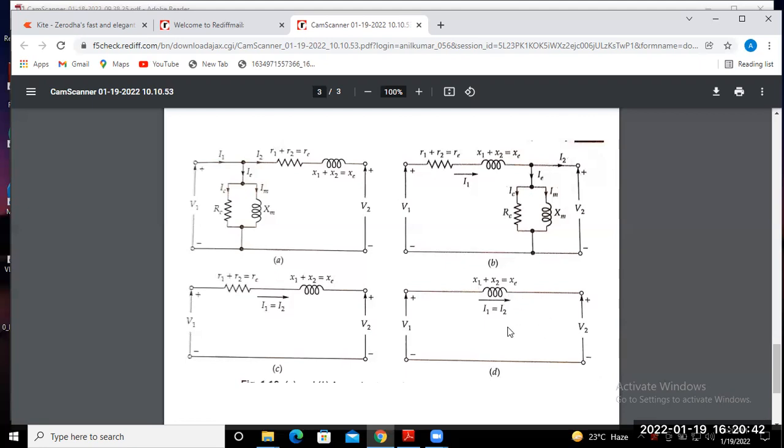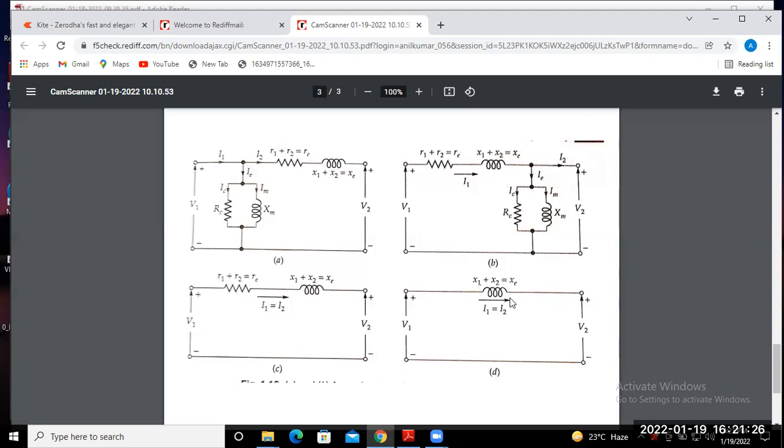Now if we apply network theory in this circuit, V1 equals I1 into X1 plus X2, or V1 minus V2 equals I1 into X1 plus X2, or simply I1 into XE.